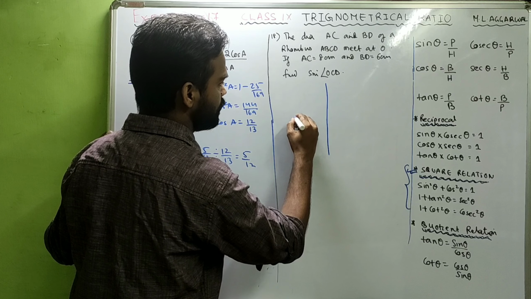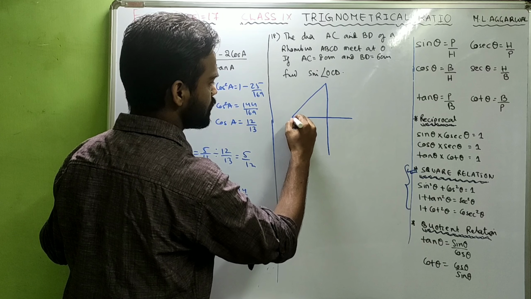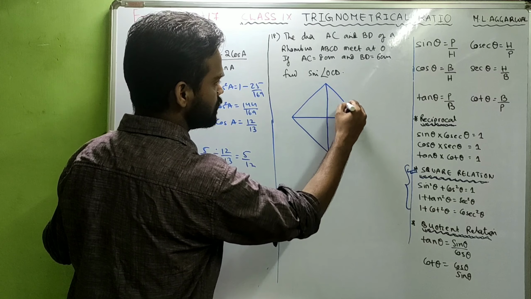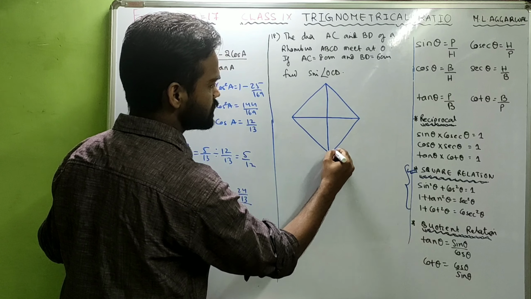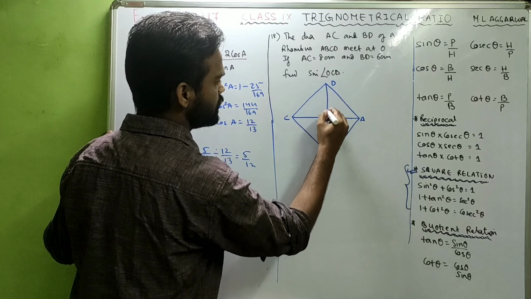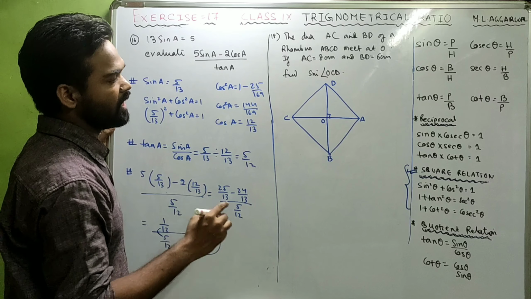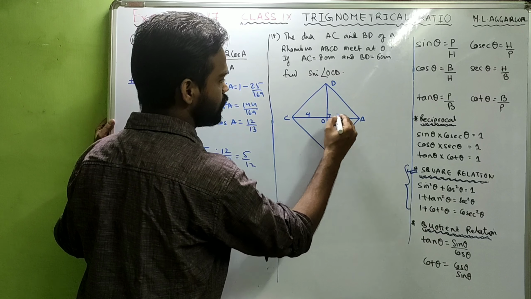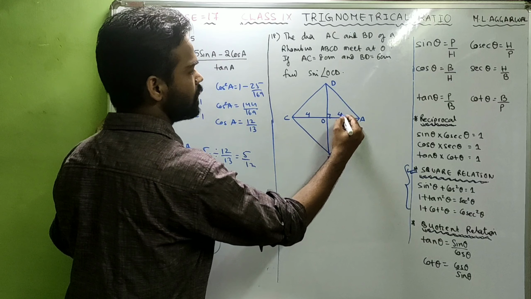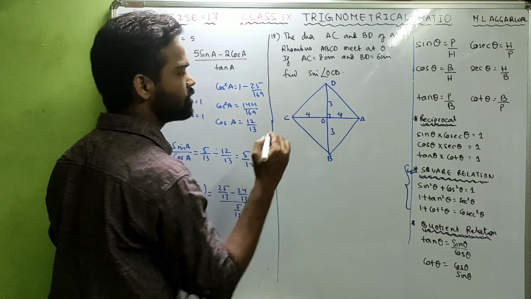And we know in a rhombus, the diagonals bisect each other at 90 degrees. Suppose A, B, C, D. This is 90 degrees, we know, O. AC is 8, so this will be 4, this will be 4 centimeter. BD is 6, so this will be 3 centimeter and this will be 3 centimeter.